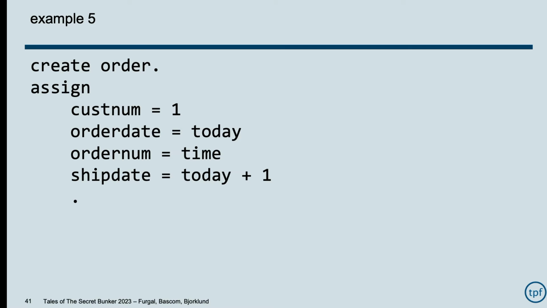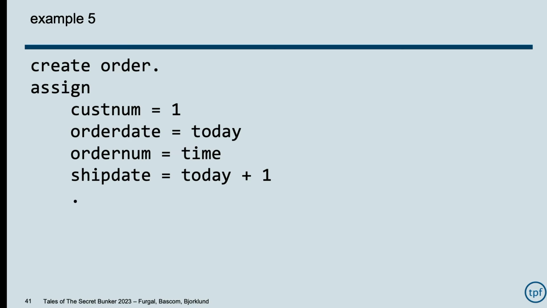Okay, now let's look at a few things to do with the order table. So, create an order, assign values to a bunch of the fields in the order record.